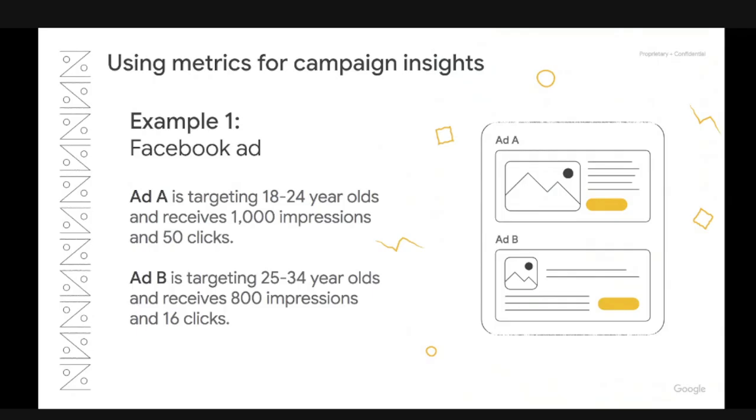So let's look at an example of a Facebook ad. Let's say you run 2 Facebook ad variations, targeting different demographics. One in Gauteng, let's call that ad A. You're targeting people between 18 and 24 years old.